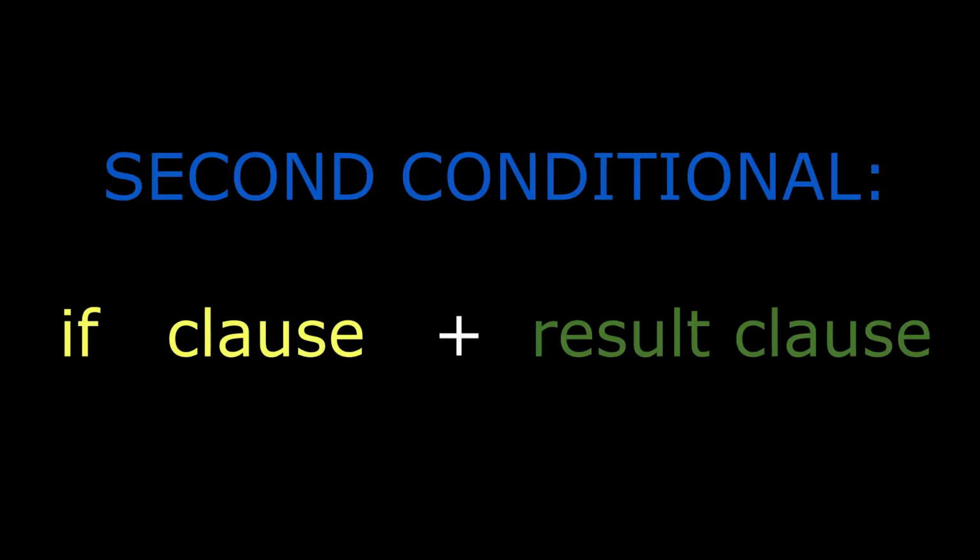And second conditional also has two clauses, if clause and result clause. We need to know this because it is important that we don't get confused. The difference is the verb tenses that we use and the conditions for each one to take place.